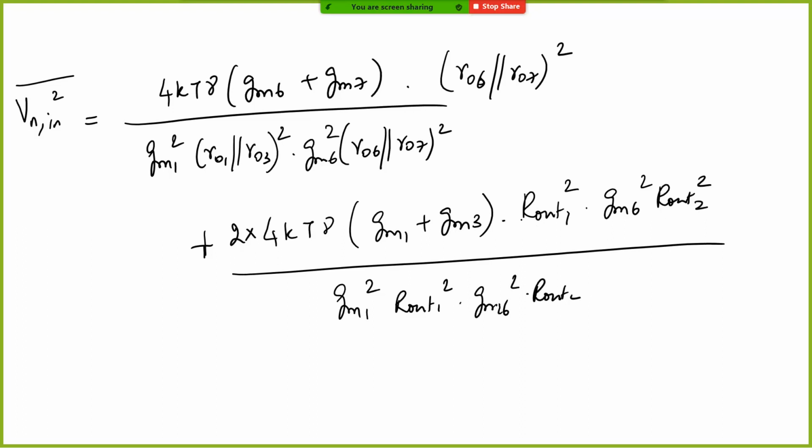Now all these terms will cancel out and you end up with this, right? And therefore the contribution of the first stage is more than the contribution of the second stage.